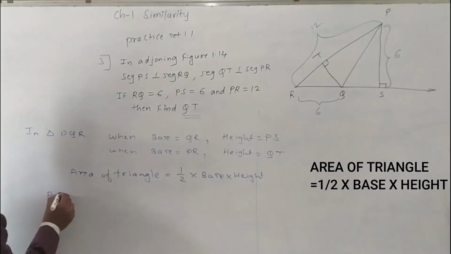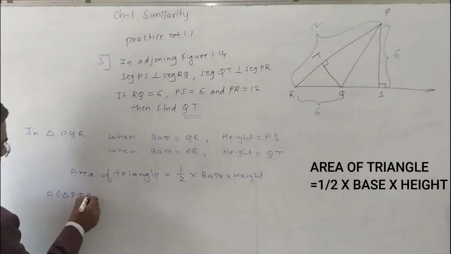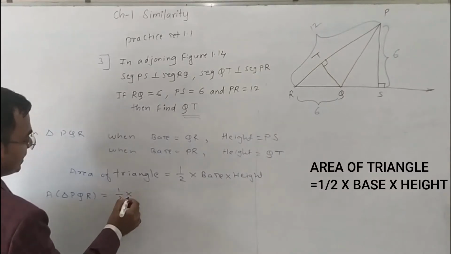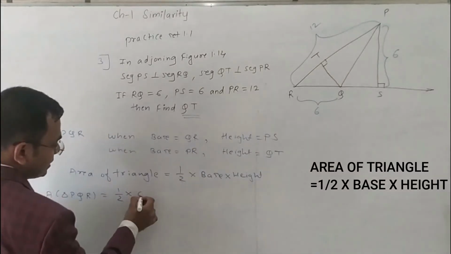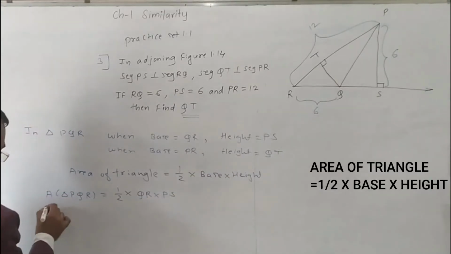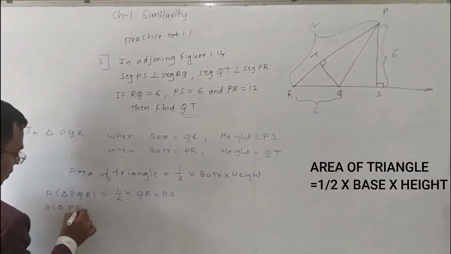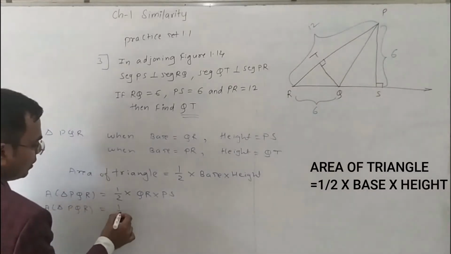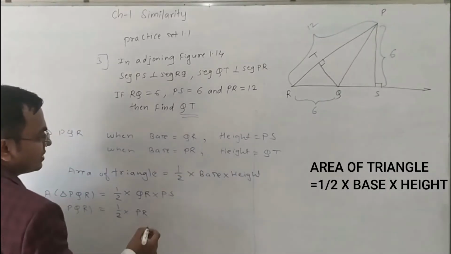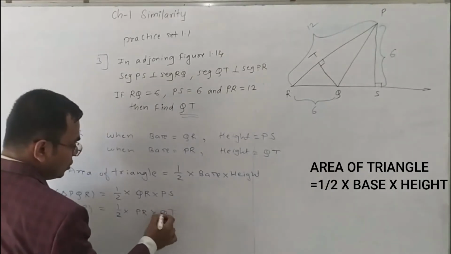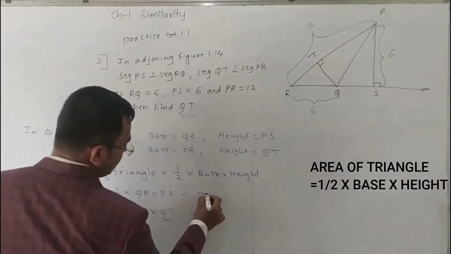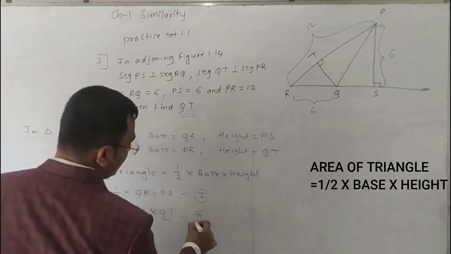Here, area of triangle PQR is equal to half into base: if you consider QR as the base, height will be PS. Again, area of triangle PQR is equal to half into base: when we consider PR as the base, height will be QT. So this QT we can find by using this. This is equation 1, equation 2.